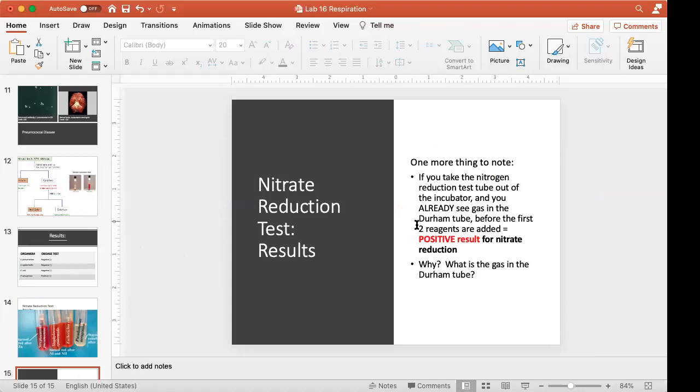So, one more thing to put in your notes here. Just a little pro tip on the nitrate reduction test. If you put your microbe into a nitrate reduction test tube and you put it into the incubator for 48 hours and you take it out of the incubator, if you already see that there's a gas bubble in the Durham tube, even before you add those first two reagents, you know you've got a positive result.